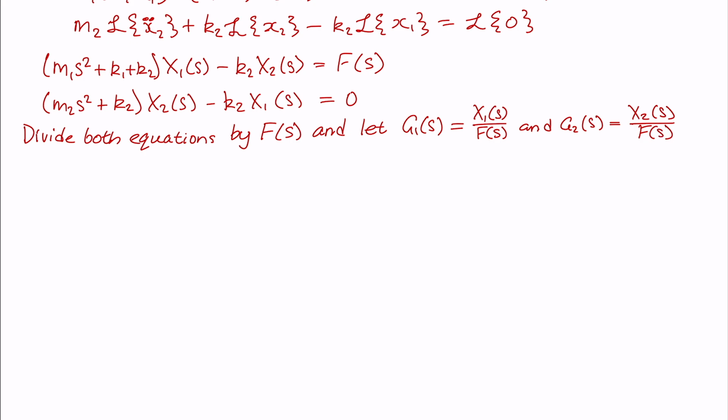So we have two transfer functions for this system. All right, so this is going to give us that (m1 s squared plus k1 plus k2) times G1 of s minus k2 times G2 of s is equal to 1, because we've divided by F of s.